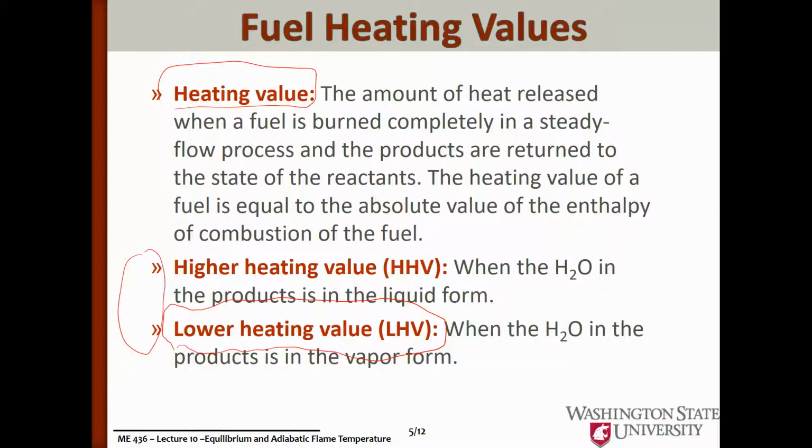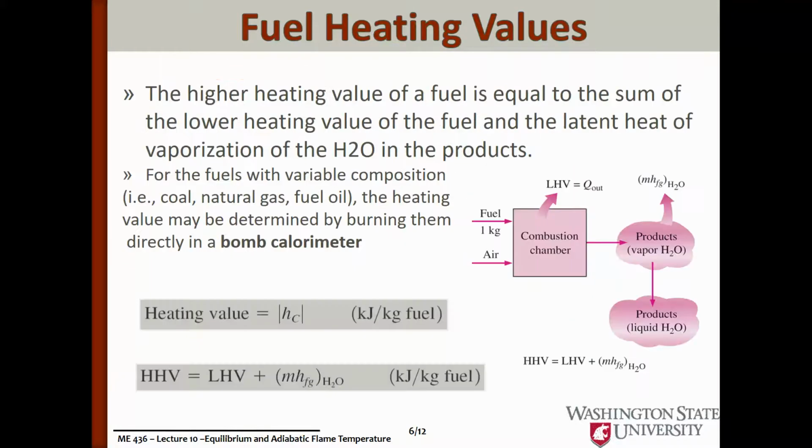If you then extract more energy from that combustion and cool the products all the way back to the point where water returns to being a liquid, that extra energy which is released as the water condenses adds to the lower heating value to become the higher heating value. So the higher heating value is so called because it's a larger number, not because it's a higher temperature, but because the quantitative number is higher.